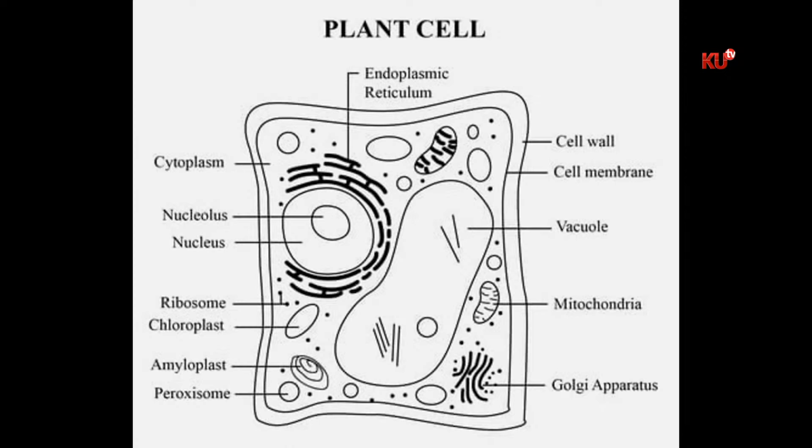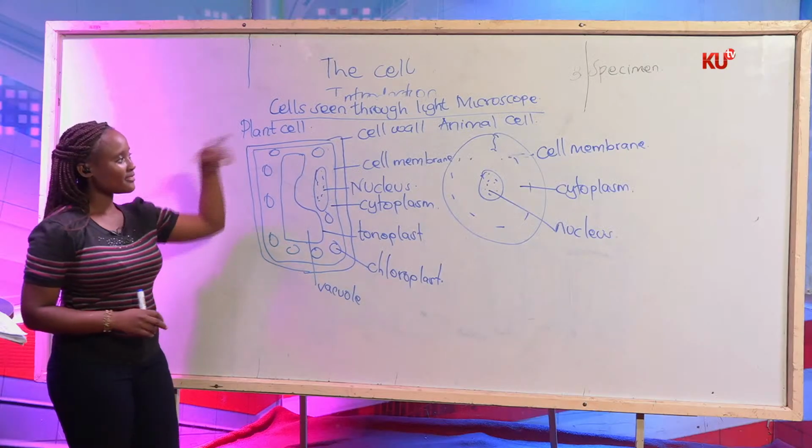We have the nucleus. We also have the tonoplast, the vacuole, and the chloroplast. We also have the cytoplasm.